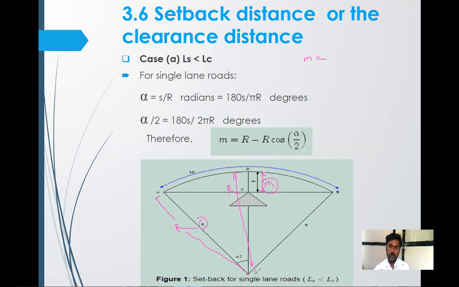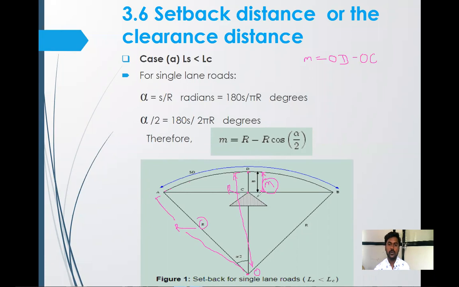Suppose I take the center point as the origin O. Here the name is given as C at this point, and at this point the name is given as D. So total distance m is equal to OD minus OC. By observing the curve, we can see that the distance m is equal to OD minus OC.